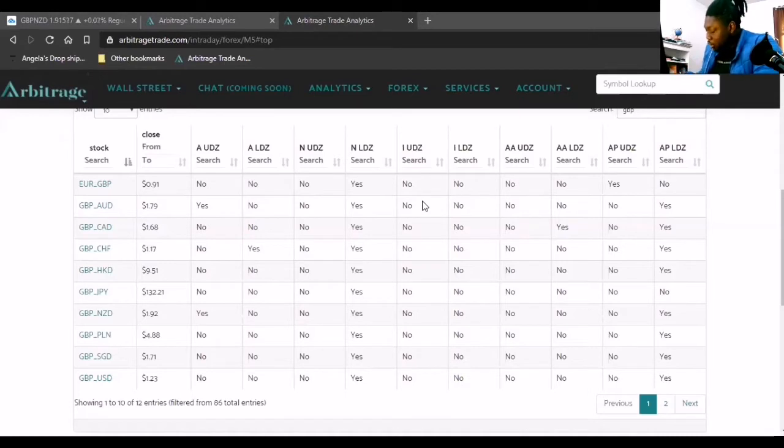GPAUD is at the lower danger zone. Like I said, I have a lot of GBP pairs on my radar right now. So this is at the upper danger zone. GA is at the lower danger zone, 5 minute.